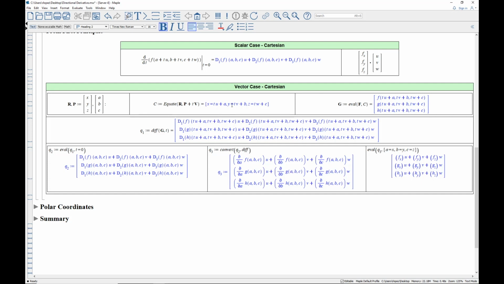And we end up with this set of equations, because we equate x, y, z to these, so we can make a substitution. All right, so we evaluate the vector F using these equations, and so we get the three components F, G, H with arguments along this line.